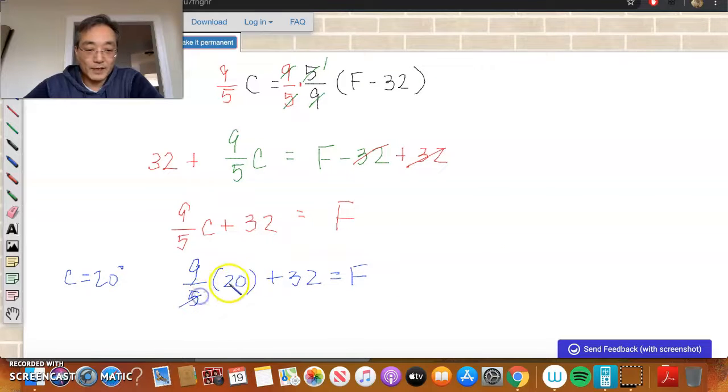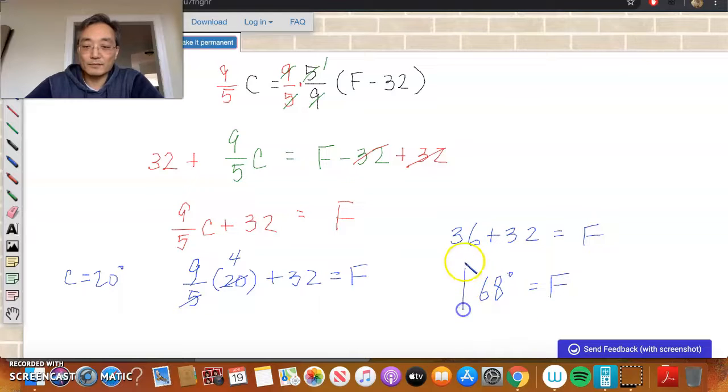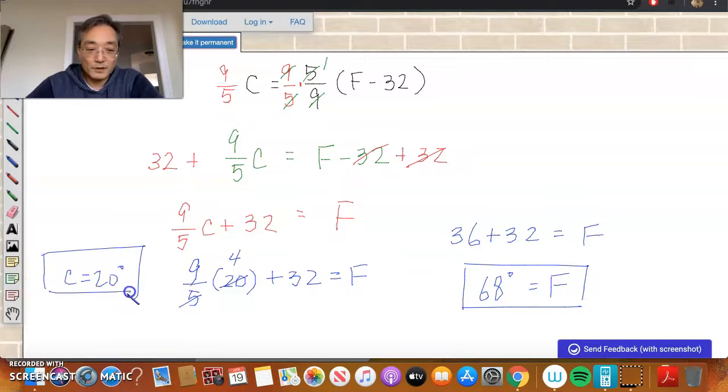So again, 5 goes into 20 four times. 9 times 4 is 36. So we have 36 plus 32 is Fahrenheit, and therefore this is 68 degrees. And that is our Fahrenheit equivalent. So the equivalent to Celsius of 20 degrees is 68 degrees Fahrenheit.